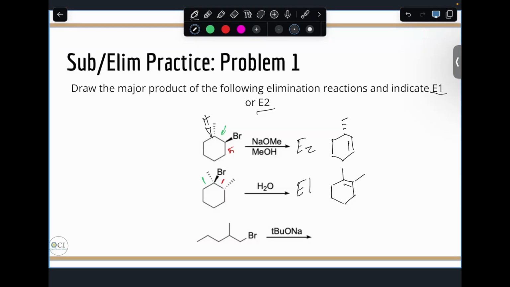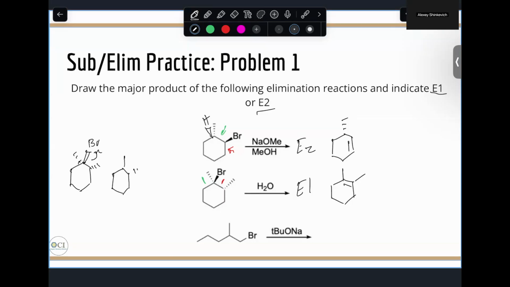Yes. You draw the arrows. Like the mechanism? Yep. So we start out with the leaving group, leaves.